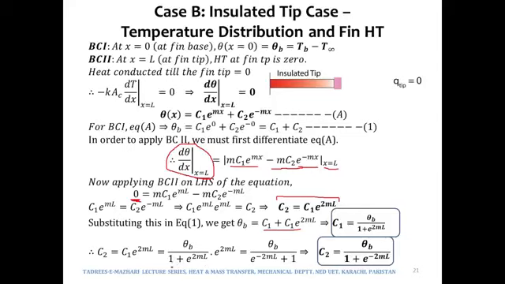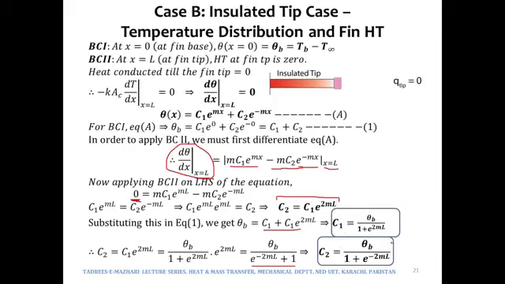So 1 upon e to the power 2 ml would be e to the power minus 2 ml, and this thing upon the same thing would become 1. So therefore c2 would be theta b upon 1 plus e to the power minus 2 ml. So these are the expressions for c1 and c2, which we have found out in no time.